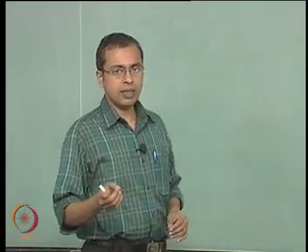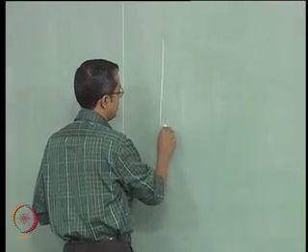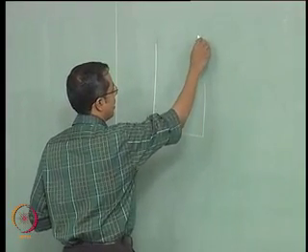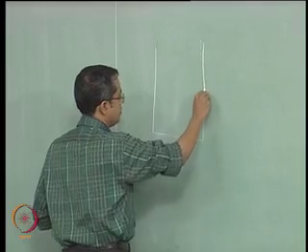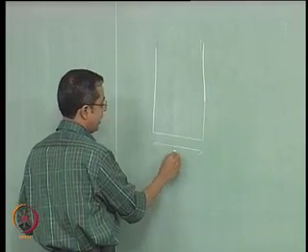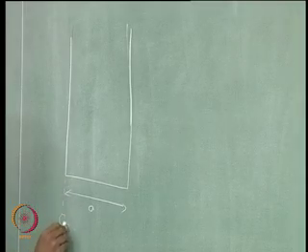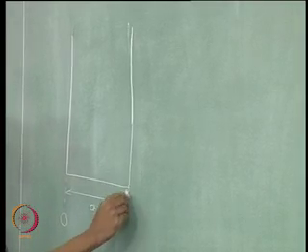So, just to reiterate what we did, we had a potential well. We can make a minor modification: we can say that the entire dimension is a. We even did from minus a to plus a, but let us say this is 0 and this is a.